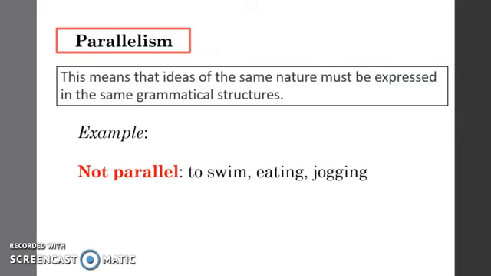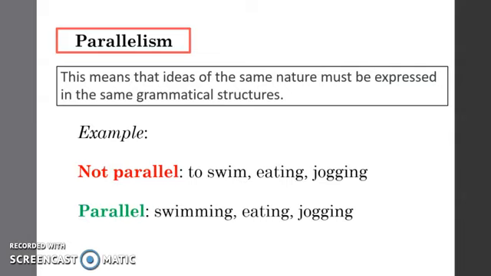To make this parallel, you have to use the same verb form. Instead of to swim, you use swimming, eating, and jogging. You have to be consistent in using the verb form to achieve parallelism, and at the same time, it will make your text easier to understand, so clarity is present in your writing.